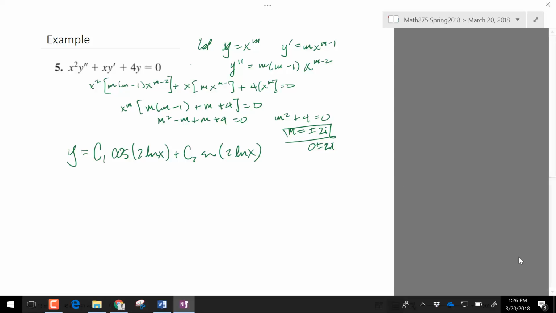If alpha was a number, it'll be x to that number times, well, c1 x to that number times cosine of this, and then c2 x to that number times sine of that. Okay. Questions?